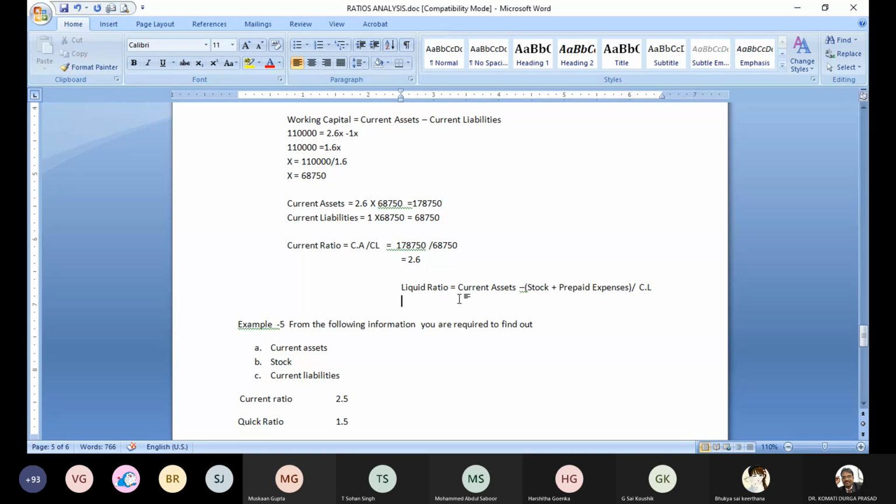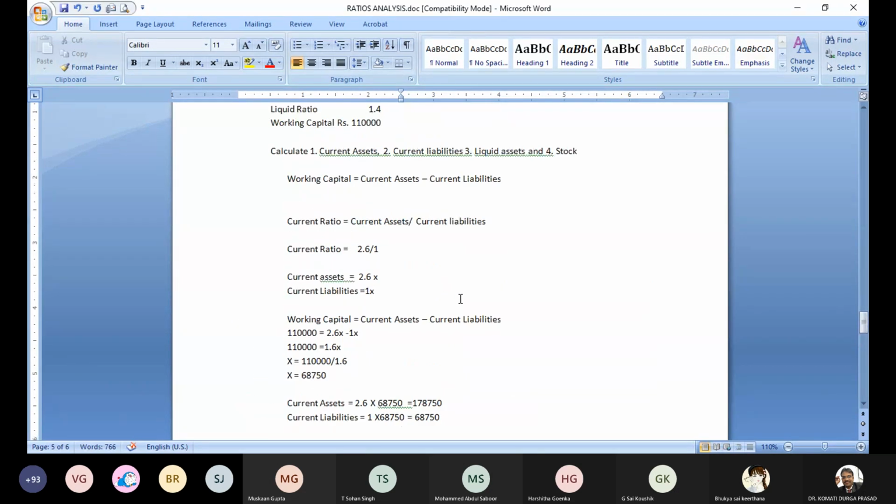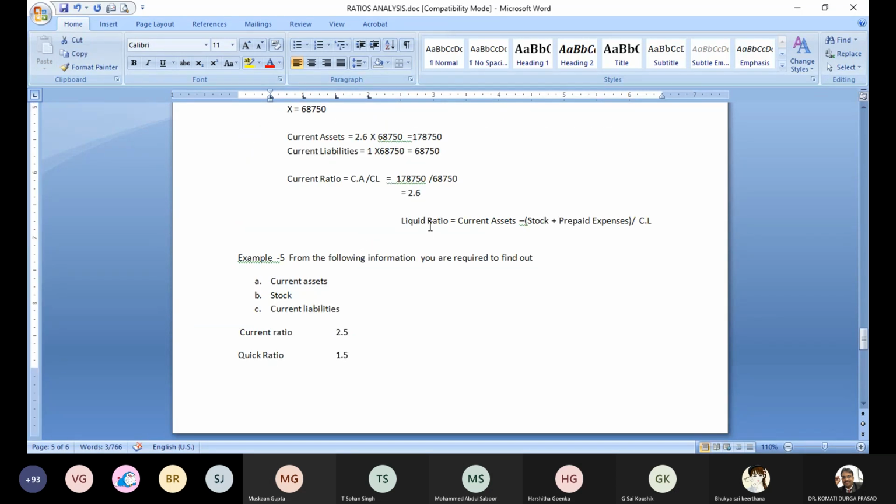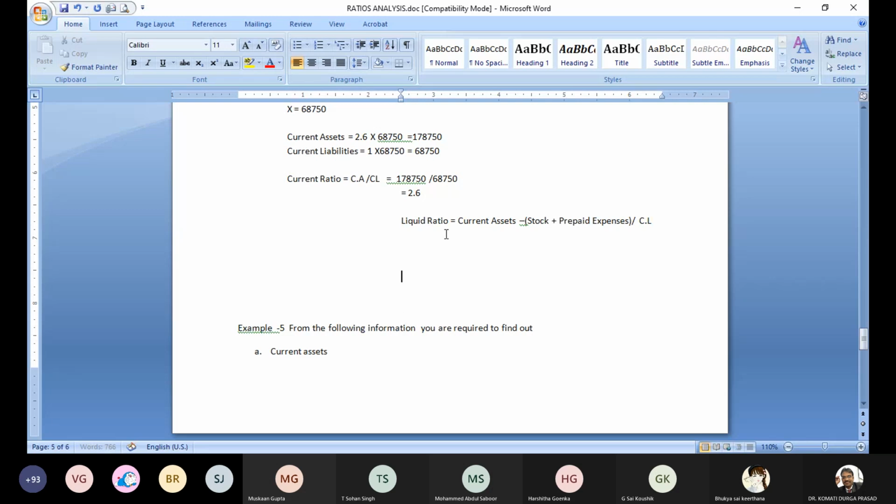So, what is the value here? Liquid ratio is given 1.4. 1.4 is equal to, what are the current assets? 1,78,750 minus, no problem, prepaid expense is not asked, divided by 68,750.